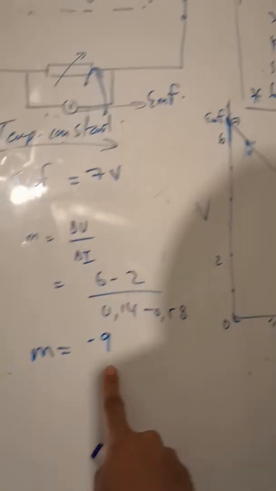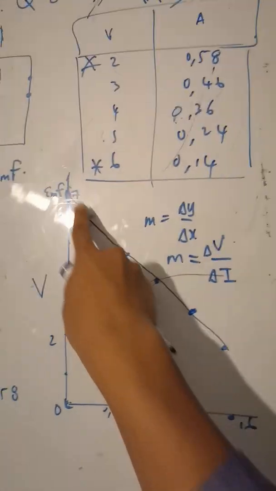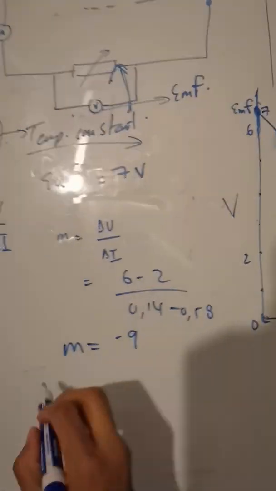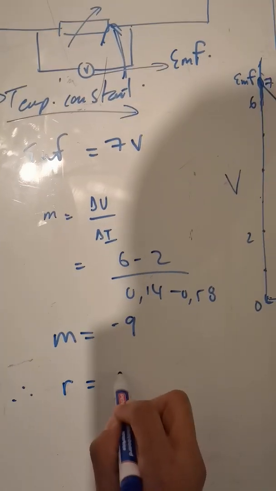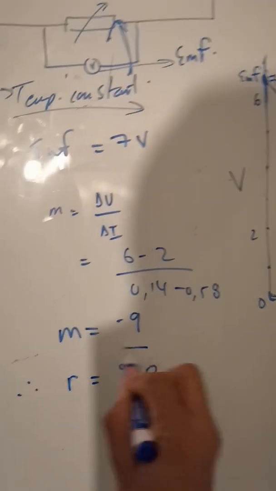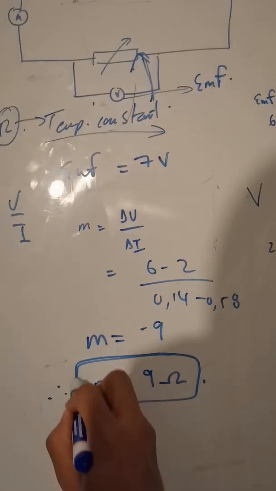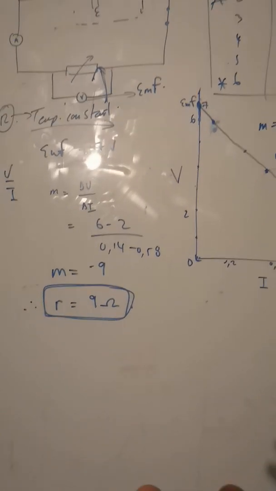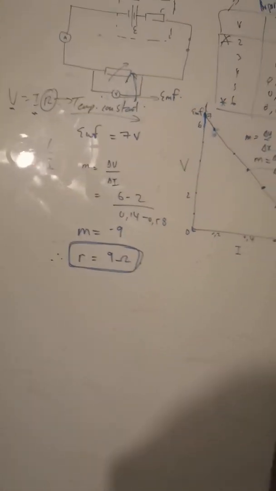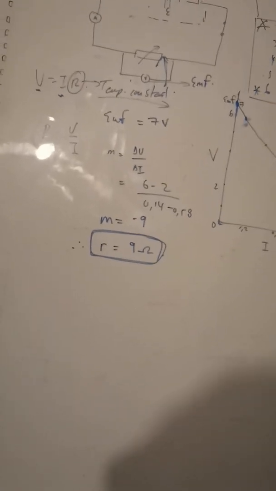But resistance is never negative, so the internal resistance is positive 9 ohms. So the gradient of this graph gives you the internal resistance. Always remember that, if they ask you this specific question.